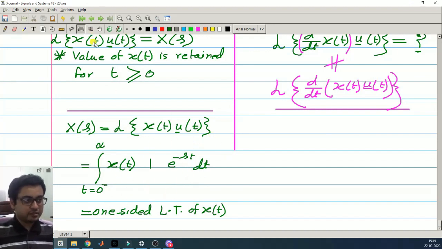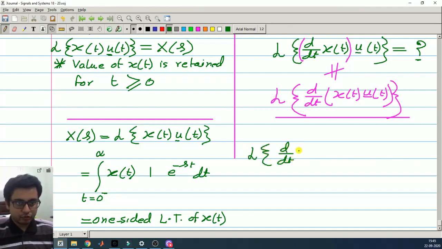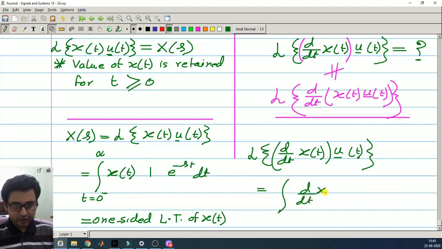So this is given, and now we want to calculate the Laplace transform of d/dt of x(t) multiplied with u(t), and this will be equal to, in the same way we can write this signal d/dt of x multiplied with u, e^(-st) dt starting from minus infinity to plus infinity.